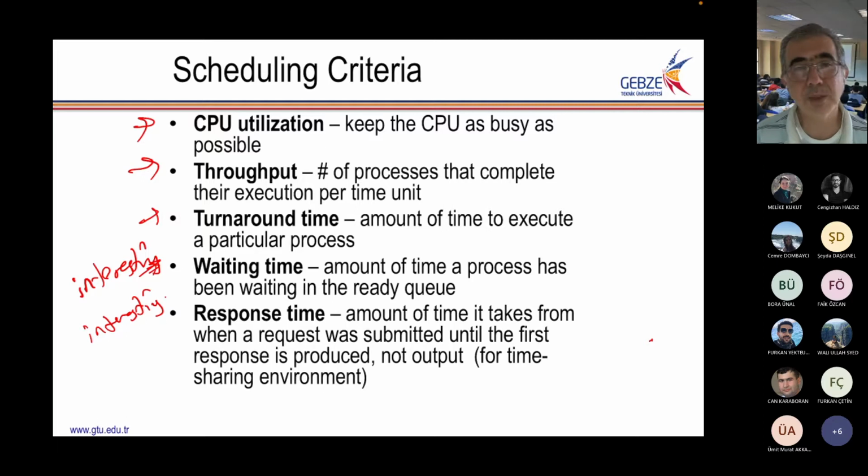You come to the mechanic shop. They say, okay, sit. Nothing happens. Your car stays there. So you don't like it.